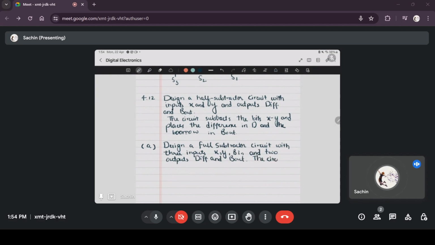The circuit subtracts x minus y minus b in.